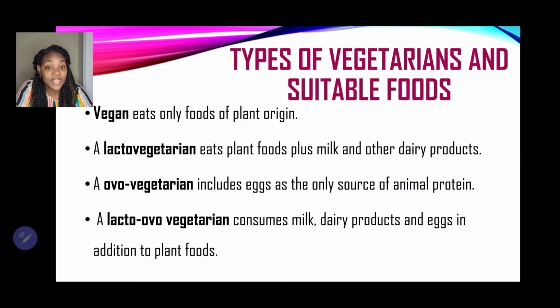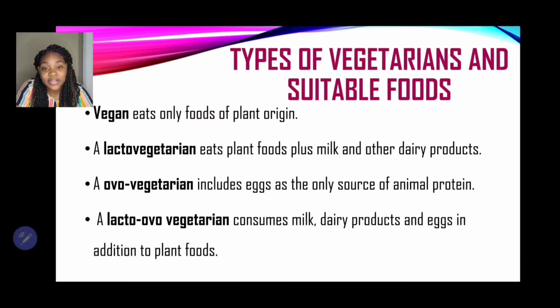So we're looking at vegans, strict vegetarians, they only consume foods from plant origin, only plant-based foods, right? There's the lacto-vegetarians. They consume dairy products and milk as well as plant foods.